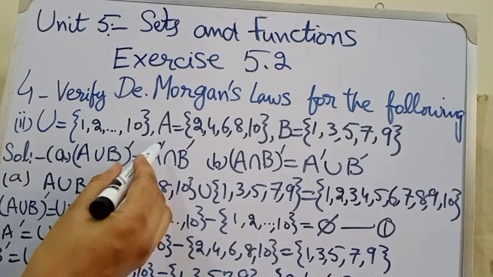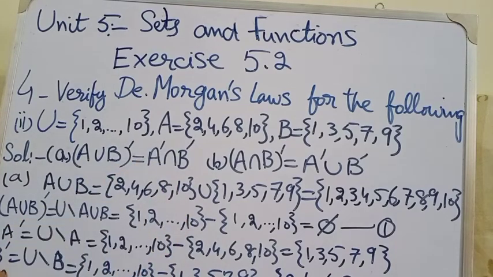We have to find A complement intersection B complement. A complement has elements 1, 3, 5, 7 and 9, intersection B complement has elements 2, 4, 6, 8 and 10.